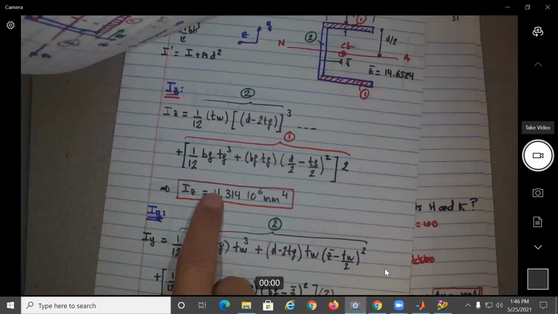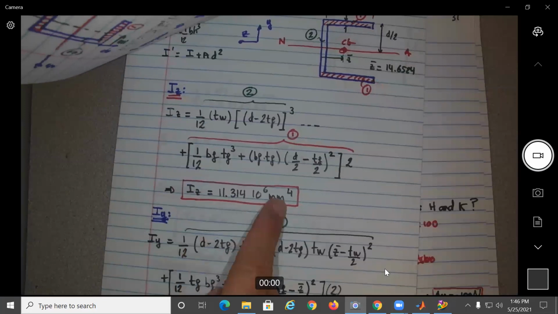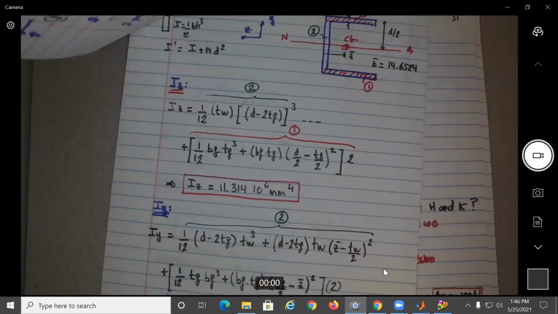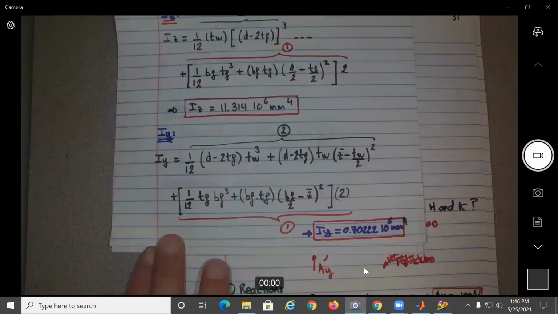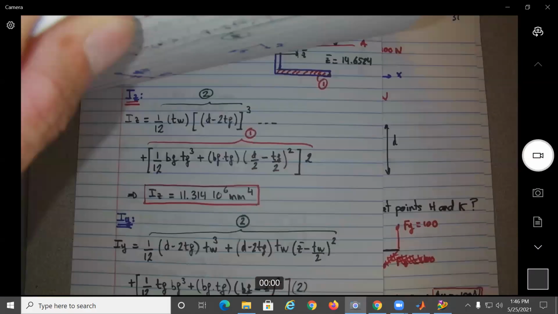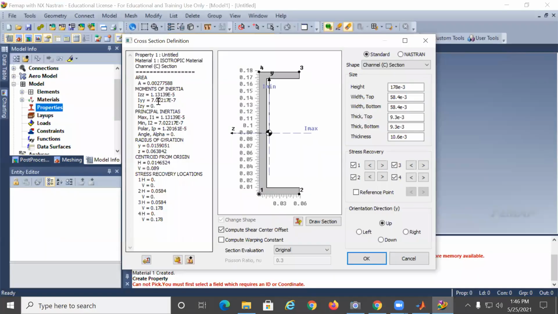This is millimeters to the 4th, so in meters it would be 10 to the minus 6 meters to the 4th. And the other one we had 0.0222 times 10 to the 6, which will be the same thing to the minus 6. If we look at FEMAP, we get the same values. You see it gives you all the properties. So we have this, we can go save. I say Y going up.